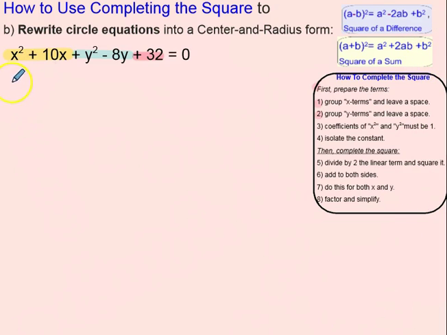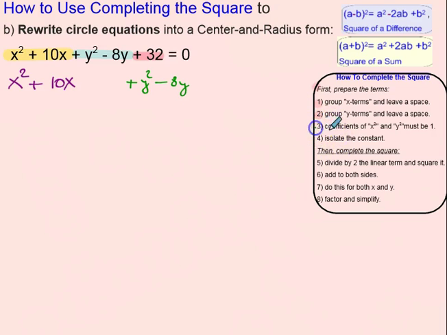I will rewrite x squared plus 10x and leave some space, and then y squared, positive, minus 8y, and I will leave some space.